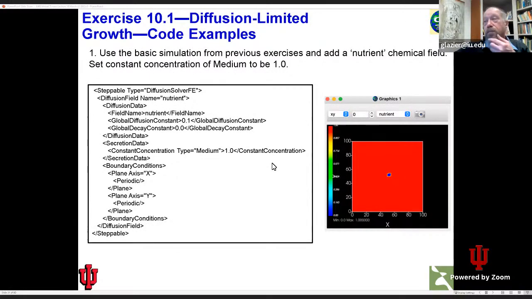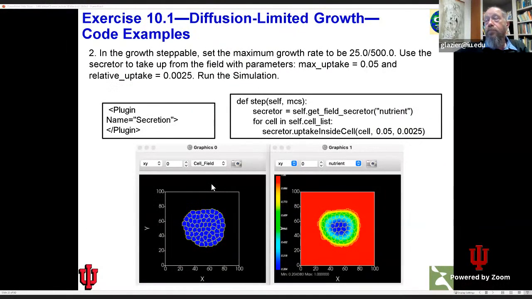And this was an example that I did, just creating the diffusion field. In this case, I had medium secreted a value of 1, global diffusion constant of 0.1. And then I have the cells uptake 0.05, 0.0025.